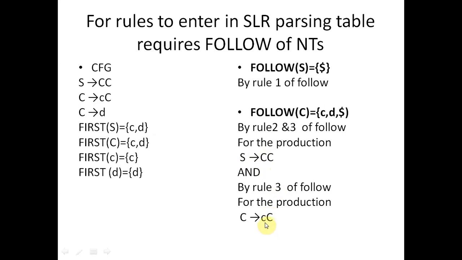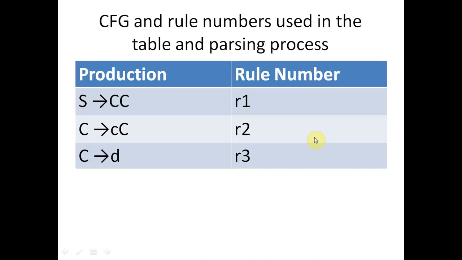For the last one, beta is null, so alpha is small c, B is capital C, and everything in follow of C will be in follow of C. So by using this we get follow of capital C as small c, small d and dollar. Those things will be used for the table construction.